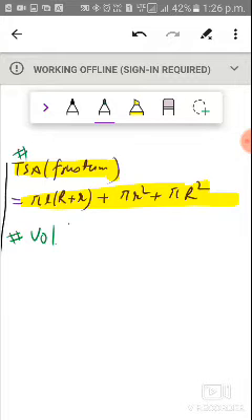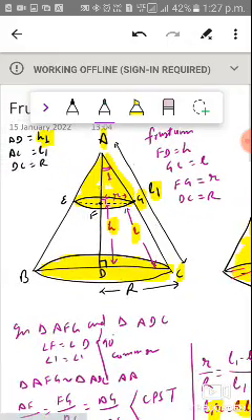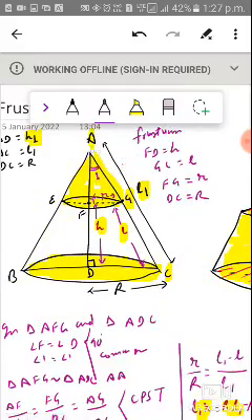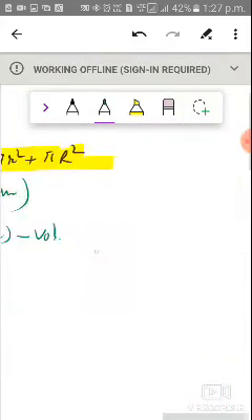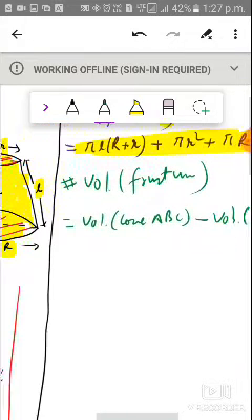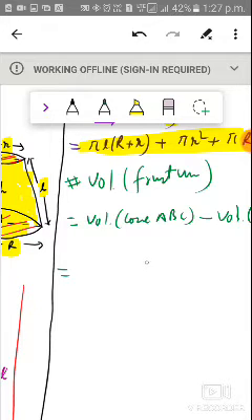It is the same as we did for CSA: the volume of the bigger cone ABC minus the volume of the smaller cone AEG. So we write minus volume of the smaller cone AEG.